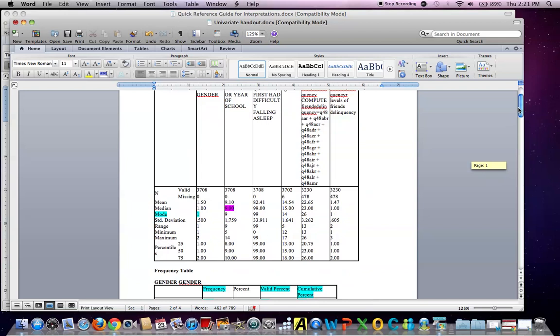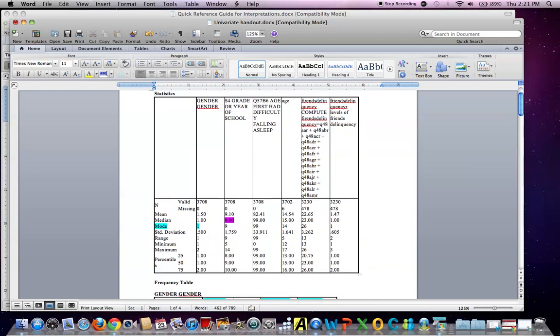The mean would be 82.41. Because we know that this is a ratio level of measure, we need to also interpret the minimum and maximum scores. And you never report a mean without its standard deviation.